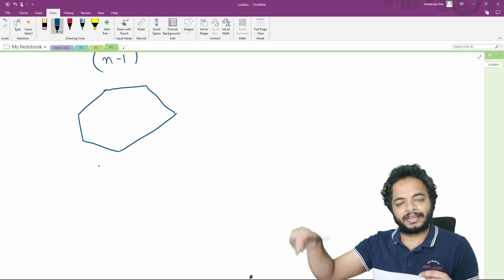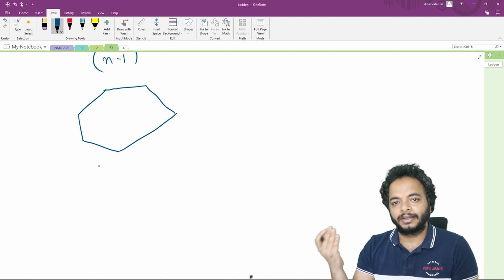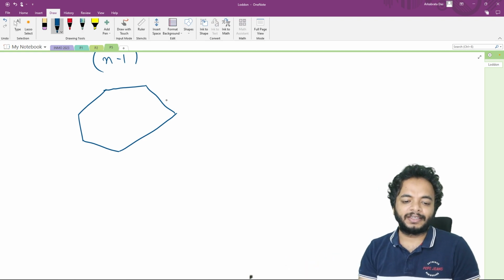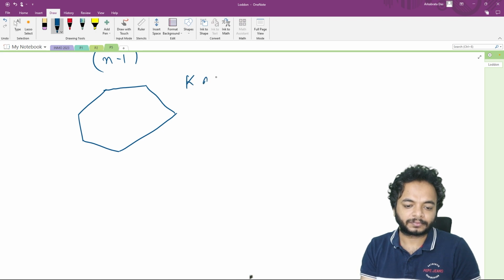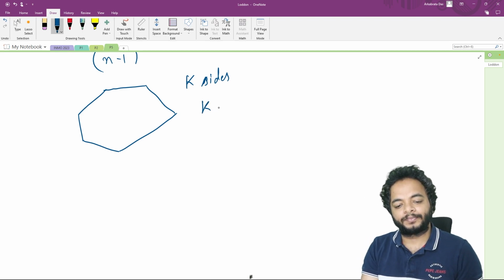For each such side, whatever the distance d, we took the greatest integer part of log 2d, and we got some even numbers. And it is having k sides, and k is less than or equal to n.